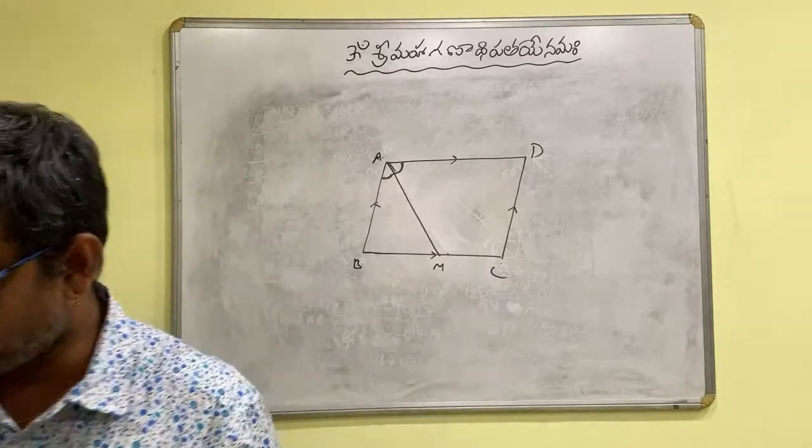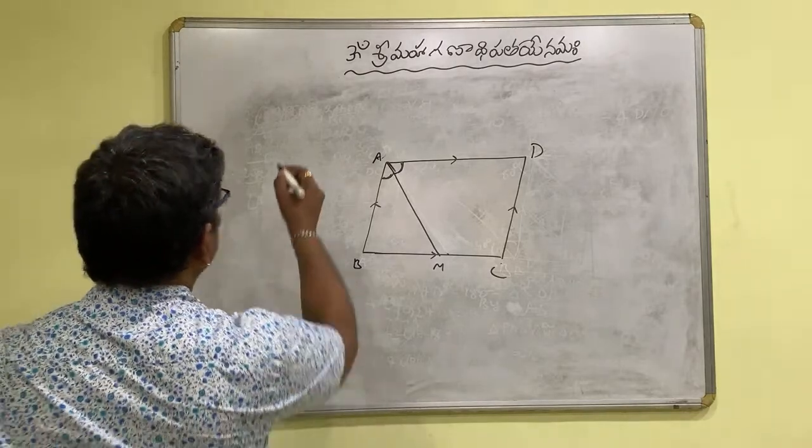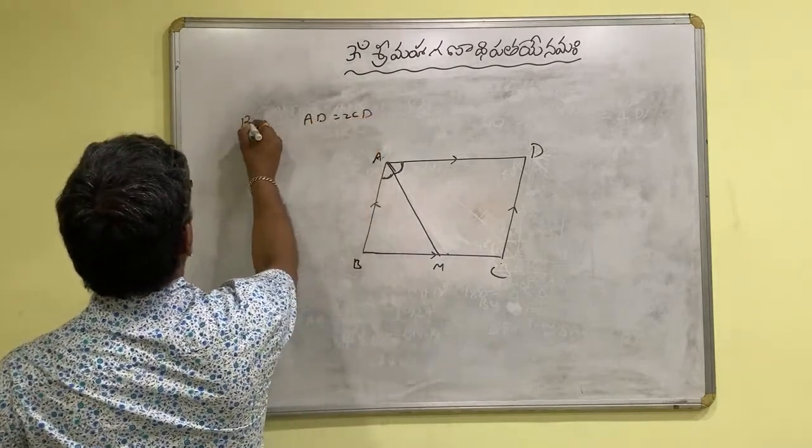And what we have to prove? AD is equal to 2CD. Required to prove.